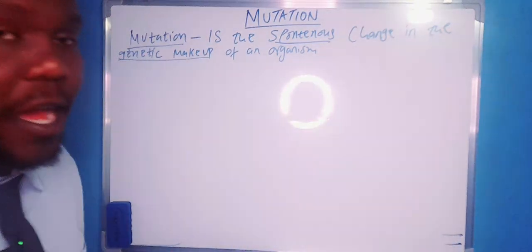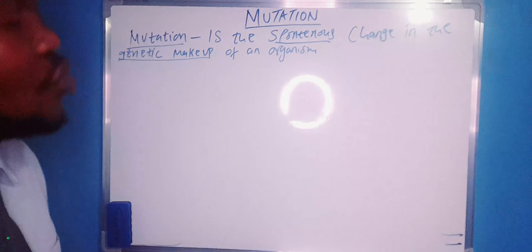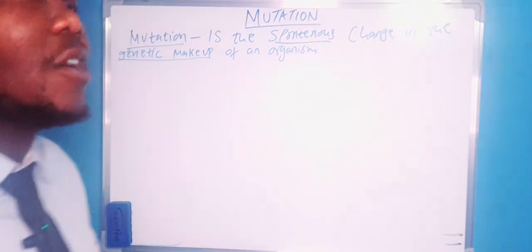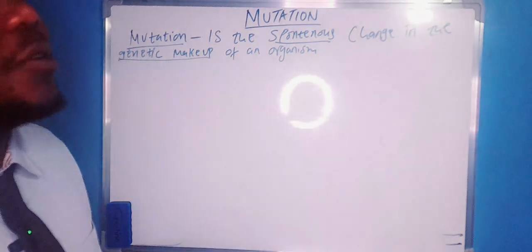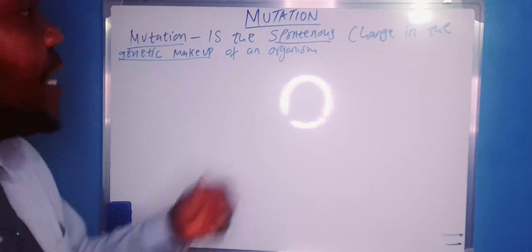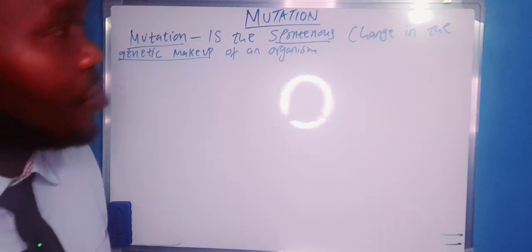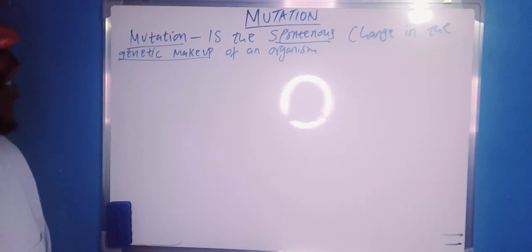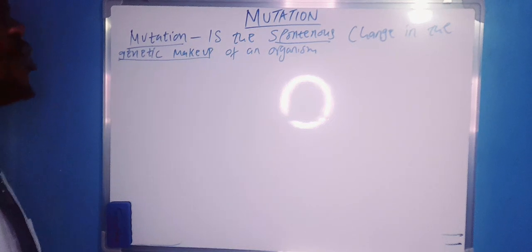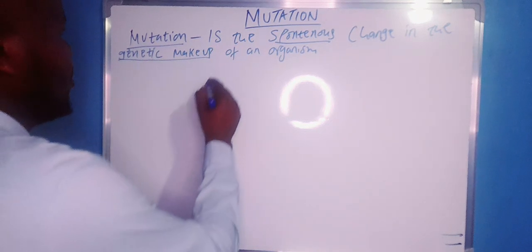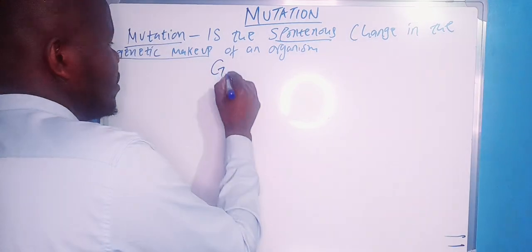Sometimes it can add some of those nucleotide bases. If they are advantageous traits, it means they will have more addition of the advantageous characteristics of the organism. So let's discuss some disorders which arise from gene mutation. So we are discussing about what?